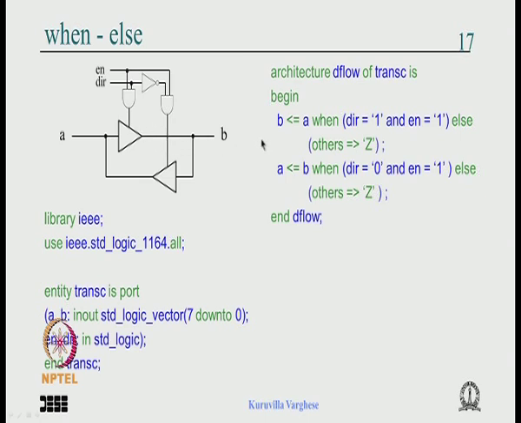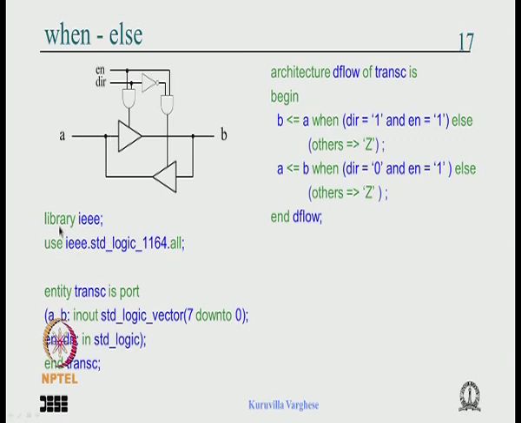Assume that somebody is driving B, some output is driving this, and B goes to A. Mind you, this is bidirectional, you can drive it and somebody else from outside also can drive it. So the mode of B is in out, the mode of A is in out, because in principle when this is cut off somebody can drive it and so on.